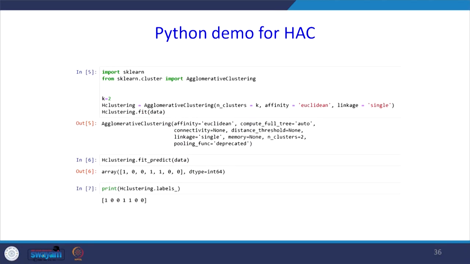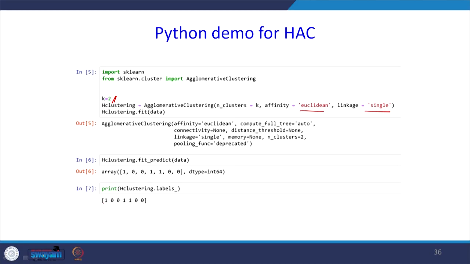Now, here what it shows is that we have entered k equal to 2. Look at this value: from sklearn.cluster import AgglomerativeClustering. When you put k equal to 2, we are going to say Euclidean distance and single linkage. So, when you want k equal to 2, the cluster is divided into two categories, 0 is one group, and 1 is another group.